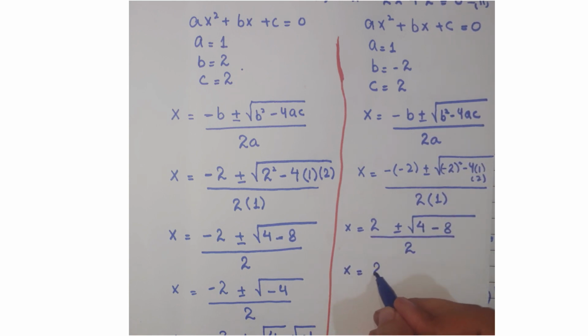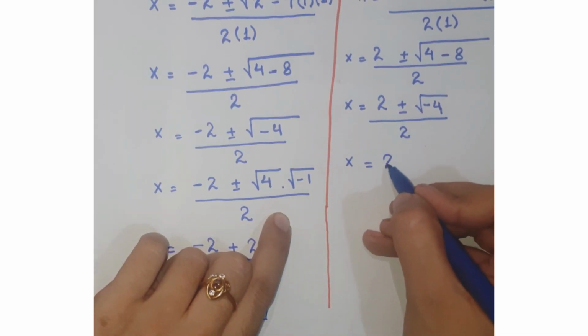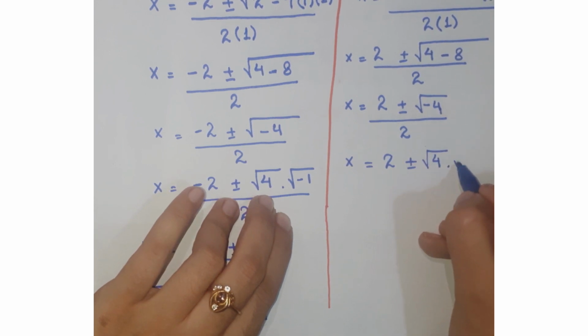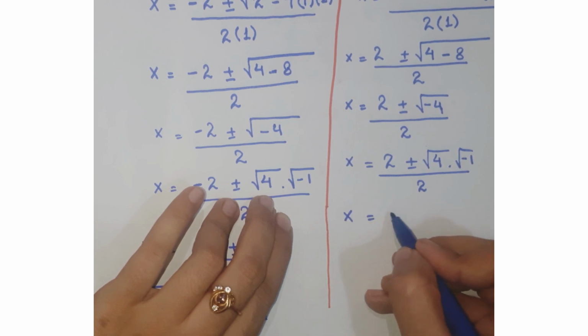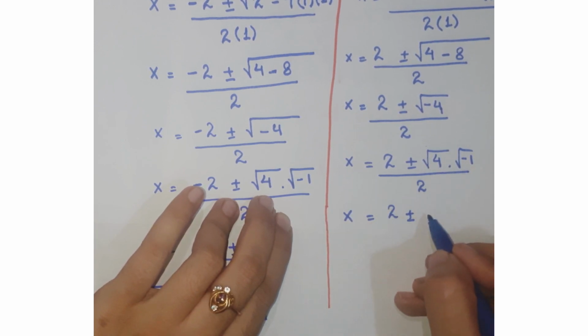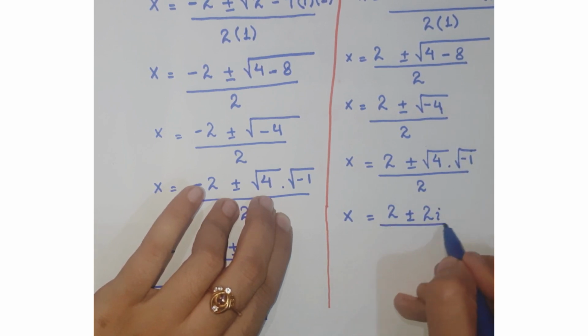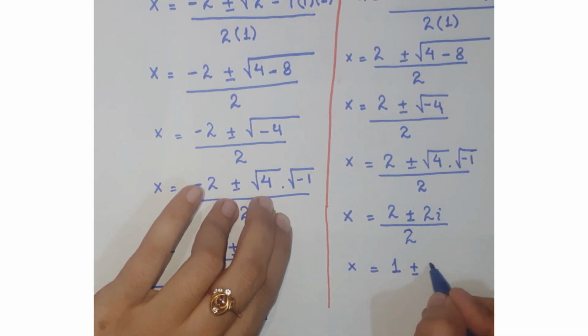Further you can simplify it, that is 2 plus minus under root minus 4 over 2. Next you can write it 2 plus minus, just split under root minus 4 into 4 and under root minus 1, upon 2. Then x is equal to 2 plus minus, in place of under root 4 write 2, and under root minus 1 has a value iota, and this is upon 2. Just take out 2 common, so you are left with 1 plus minus iota.